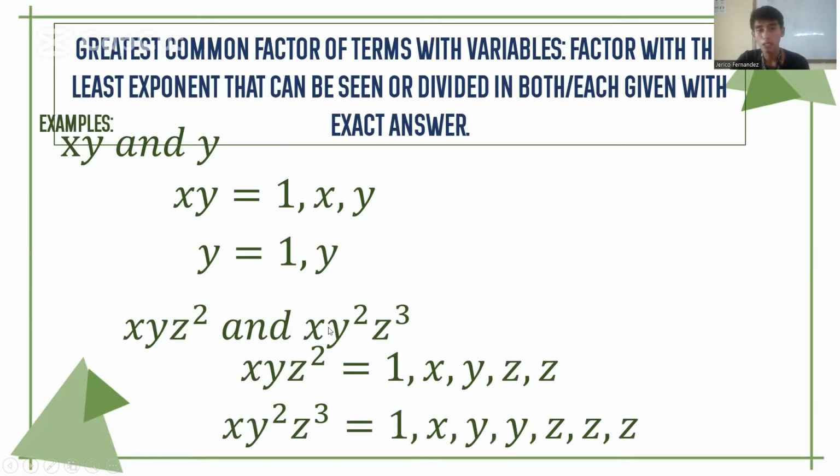Si y at y squared, ang mas mababa sa kanila is y. So we have y. xy na. And si z squared and z cubed, ang mas mababang exponent ay z squared. So we have the factor x, y, z squared. So that's the greatest common factor of these expressions or terms.